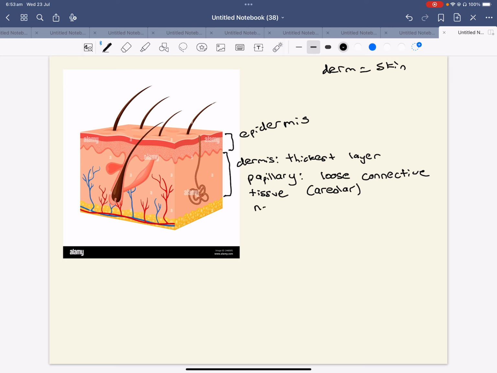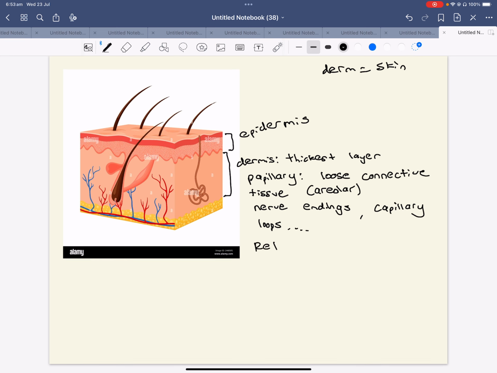And it houses nerve endings, capillary loops, and lots of other things, right? So it's loose connective tissue. I'll go through this at the end. I'll go through the four types of connective tissue proper, just to break it down. Okay, let me get through this.